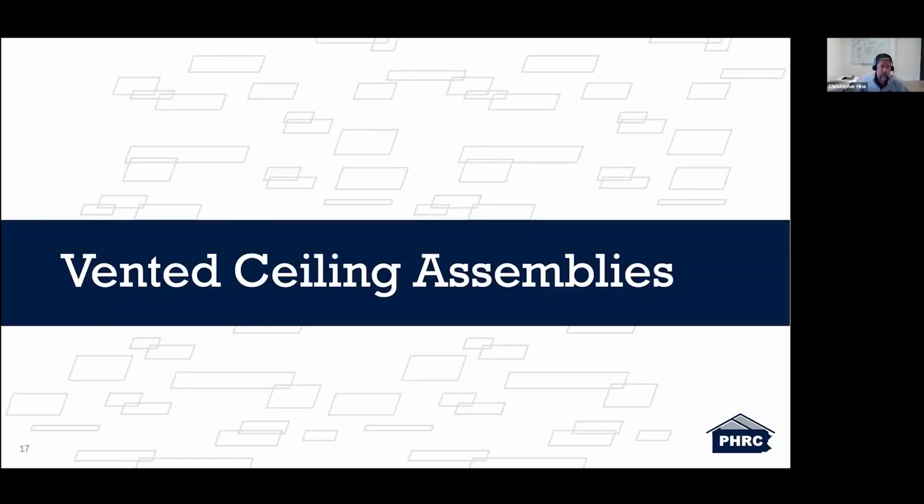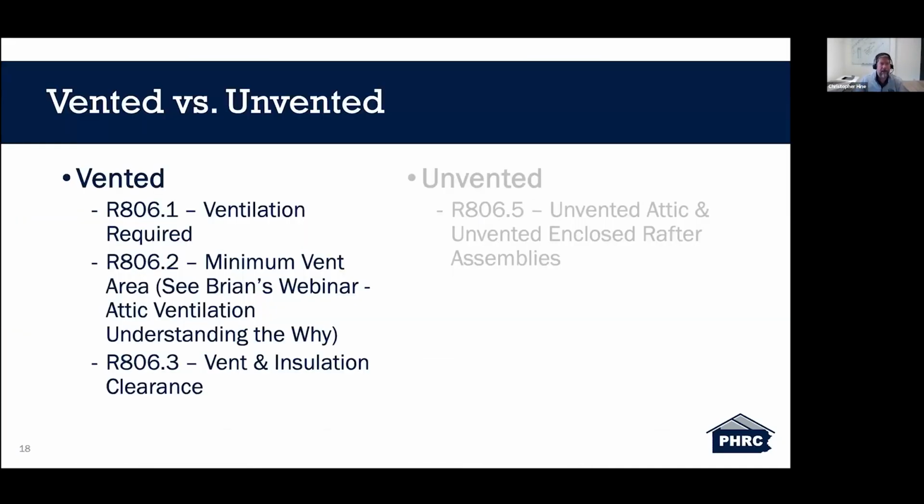So let's move into what a vented ceiling assembly is, and how you work through that. We have a couple of code provisions here for vented attics. We have 806.1, which is that ventilation is required. You have to ventilate that. And then you have 806.2, which is the minimum vent area.